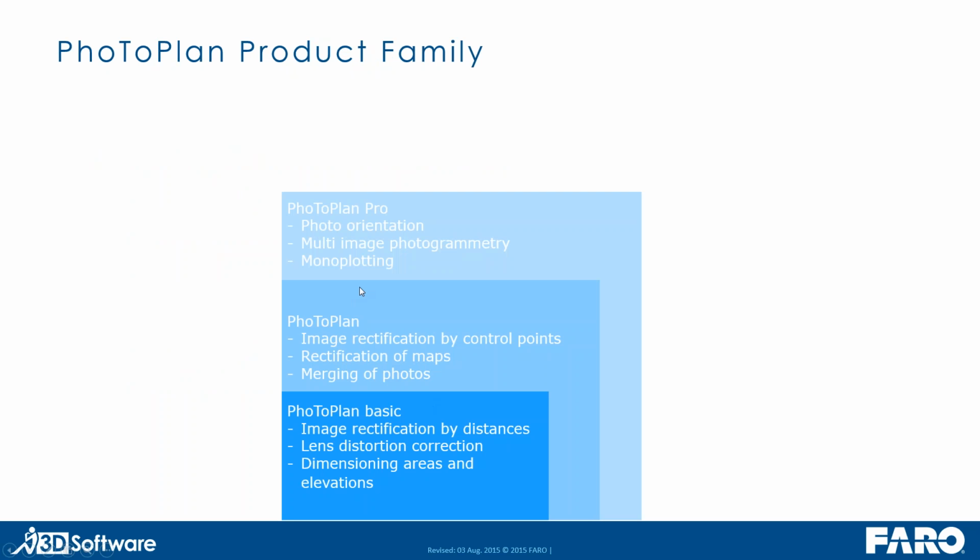So the next larger product is PhotoPlan Pro, which adds image orientation and photogrammetry tools. And the largest box contains all of the smaller boxes. It's PhotoPlan Ultimate, and it adds tools for creation of true orthophotos, as well as true to scale image plans by unwinding various shapes into the plane.